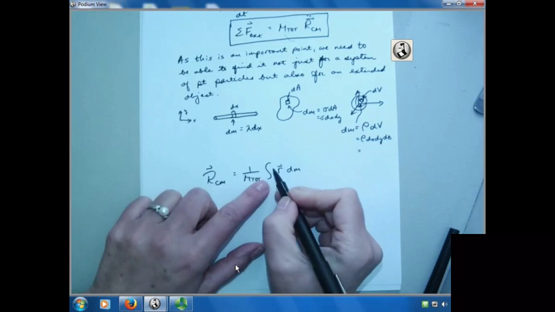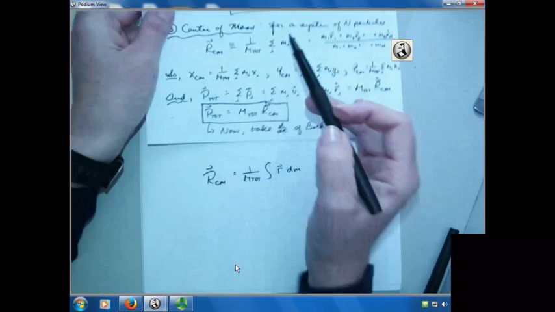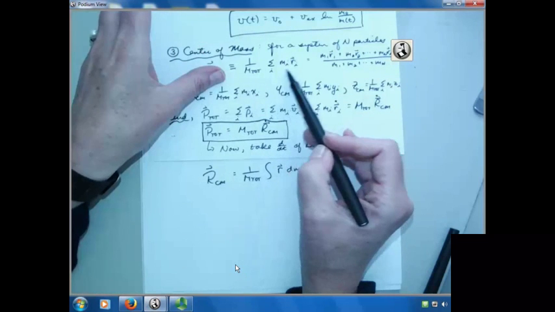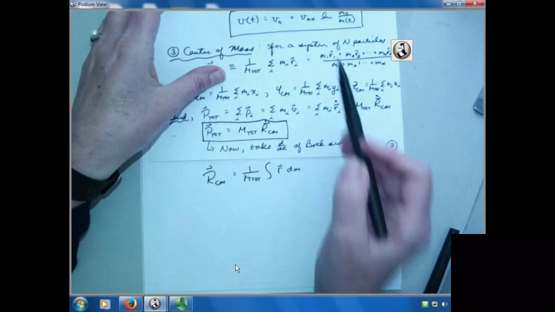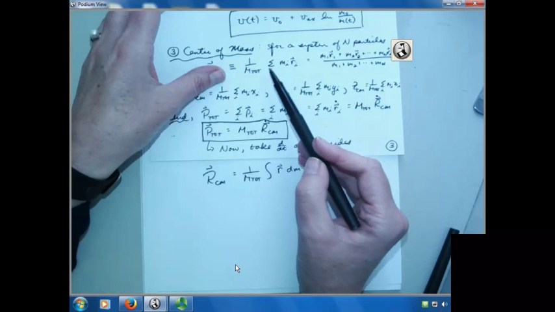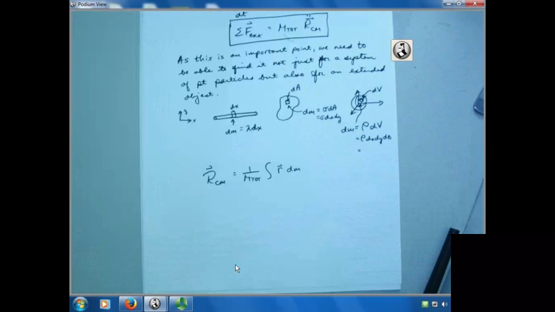So instead of having a summation sign, I have an infinitesimal bit of mass, which is the dm. I still have my r. And instead of having a sigma, I have this S here, which is my integral. And I have to integrate over all the bits of mass.